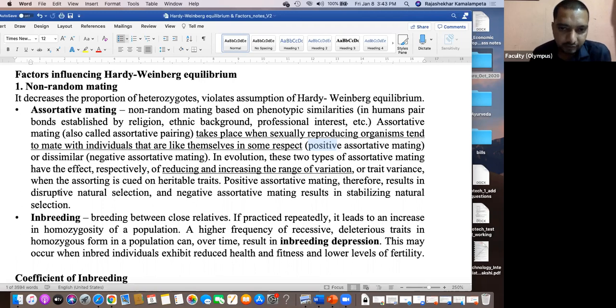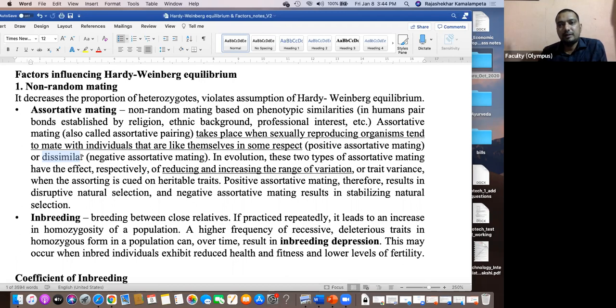So assortative mating is selection based. Sometimes it is positive, meaning people who have like features marry. That is positive assortative mating. Or sometimes it is negative assortative mating, meaning dissimilar. People like the opposite ones, opposite colors or opposite types, opposite professions. Doctors may sometimes not like to marry doctors because they know how busy the life is.